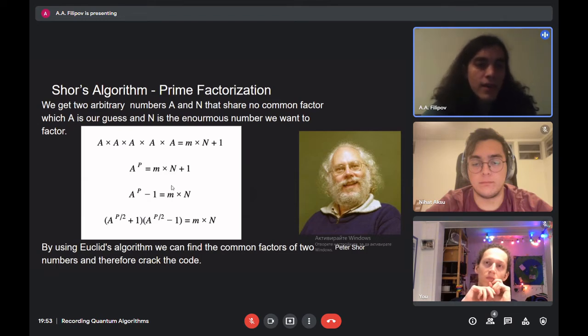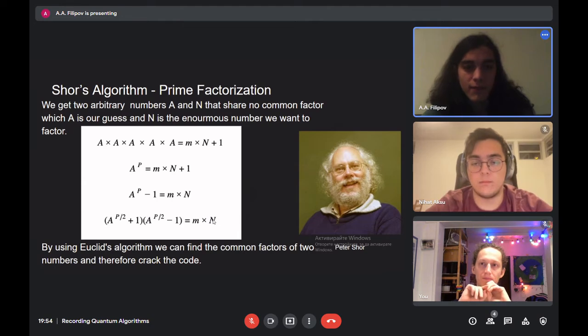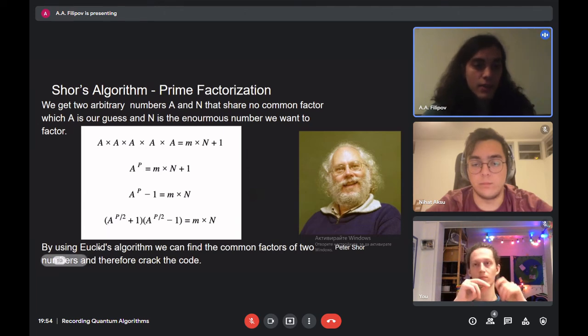Of course, we can rearrange this formula in this form, which is really helpful because it tells us that a to the power of 1/2 p plus or minus 1, even if it's not the prime factor of n, shares a prime factor with it. And by using the Euclidean algorithm, bam, we cracked the code.